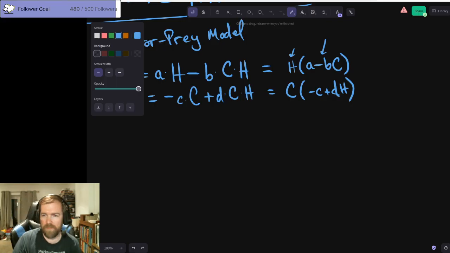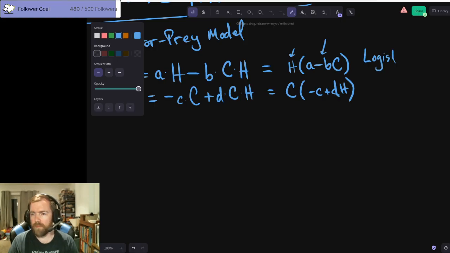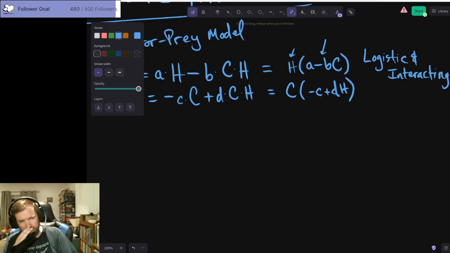Yeah. So in this case, it's logistic, and to make matters worse, it's interacting with each other. So the top population limit is going to be based on their interactions with each other.